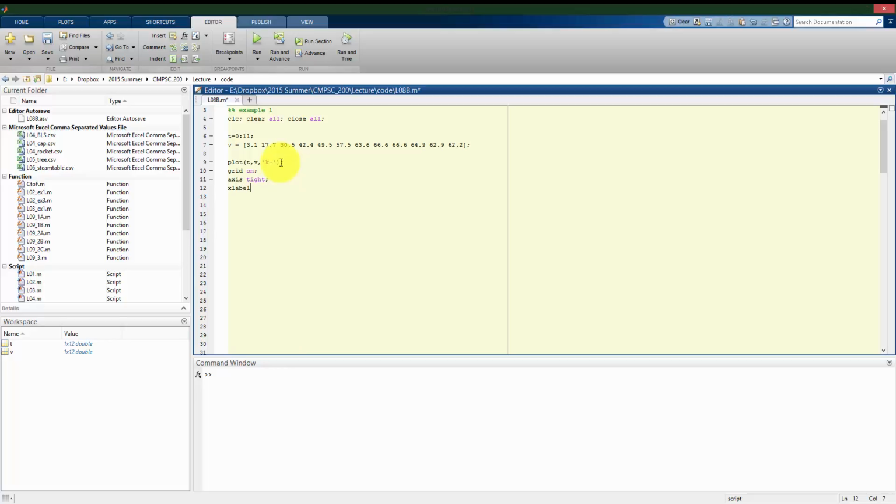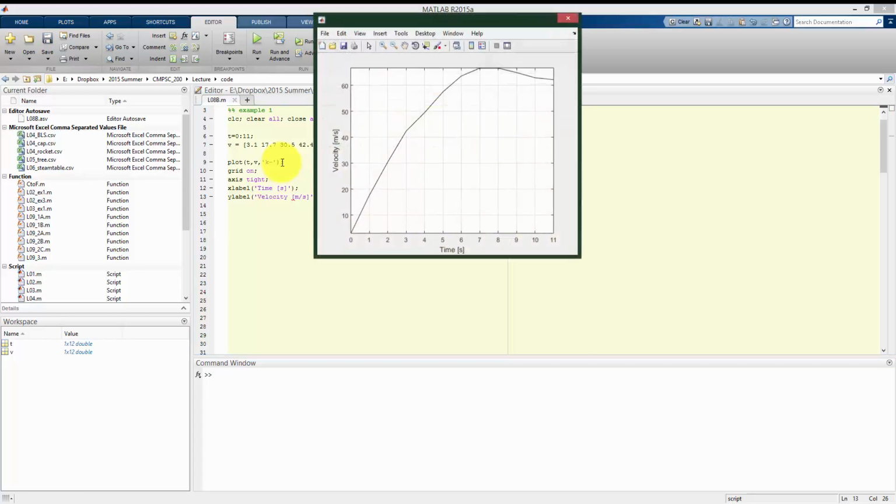And with our labels here, this is our time in seconds. And for this, my dependent variable is my velocity. And this is in meters per second. Alright, so that's what my raw data looks like.